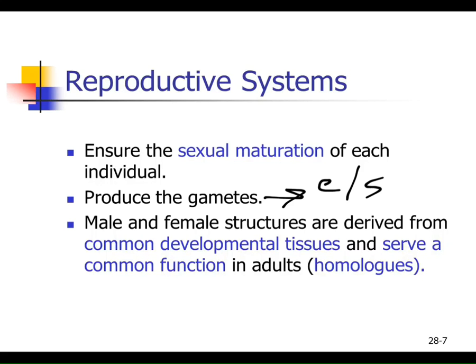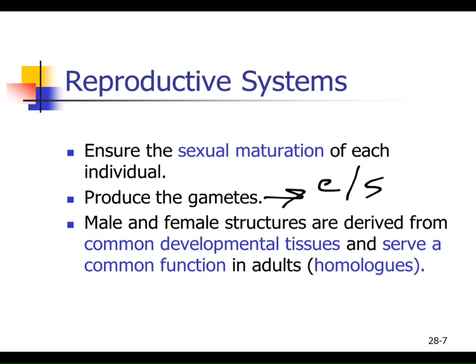And these two sets of structures are actually derived from the same tissue. So up to about the 5th week of fetal development, I shouldn't say fetal, embryological development, up until about the 5th week, we are all the same sexually. There's a default mechanism, and we would all form as female if it weren't for the presence of the Y chromosome.